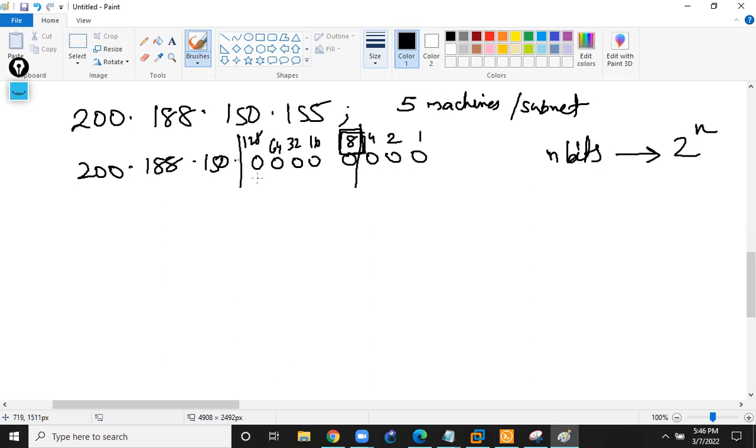So I asked you how many values will be there in the subnet portion? That means in the subnet portion, how many bits have you got? 5 bits: 1, 2, 3, 4, 5. So if you have 5 bits, then the total values will be 2 raised to 5.